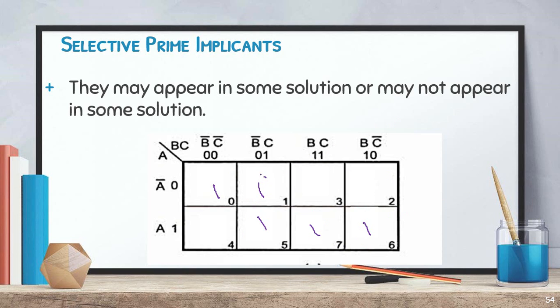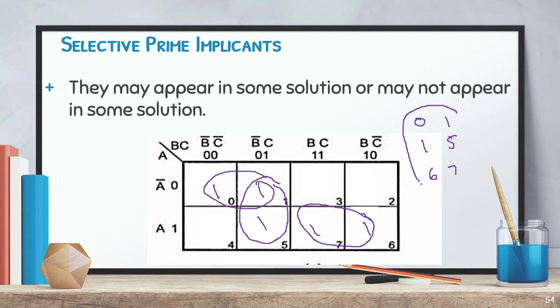Considering the same example, in this case I can also take something like this: this is one group, the 0, 1 group, and 6, 7 I will make a group, and one more group. Instead of 5, 7, I can do a group on 1, 5 also. So in this case, my groups are 0, 1, and 1, 5, and 6, 7. Okay, this is entirely different from the previous grouping we used.